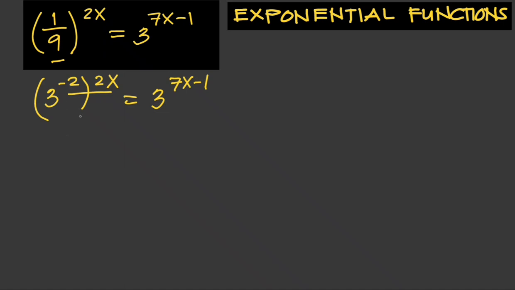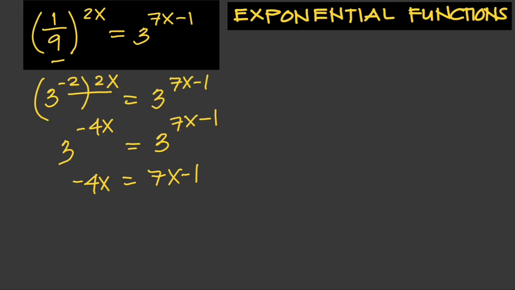So there'll be negative 2 times 2x. So that is 3 to the negative 4x equals 3 to the 7x minus 1. Since both sides already have the same base, we can just set their exponents equal. So it'll be negative 4x equals 7x minus 1.